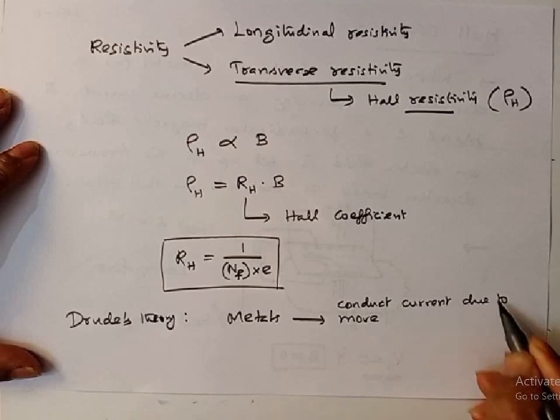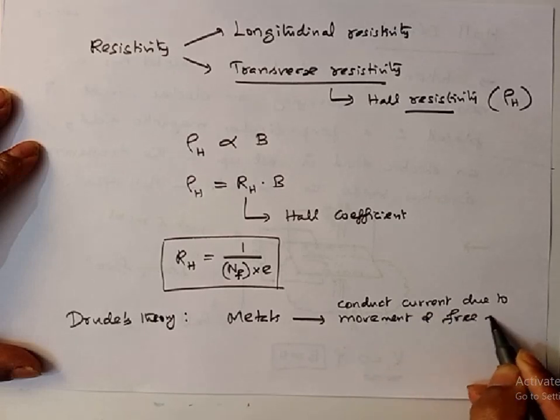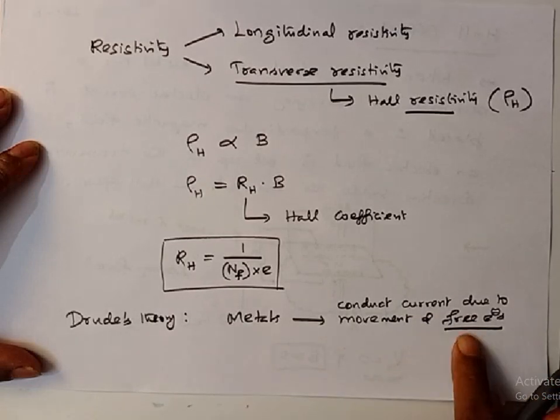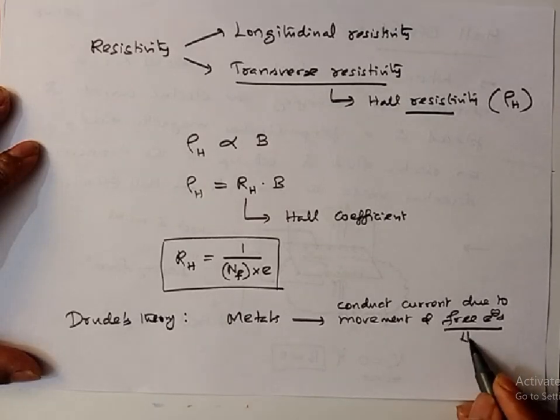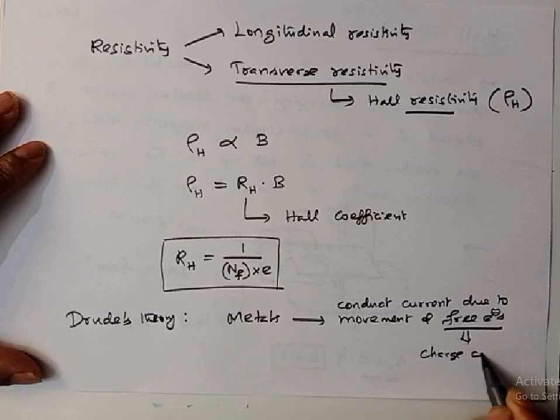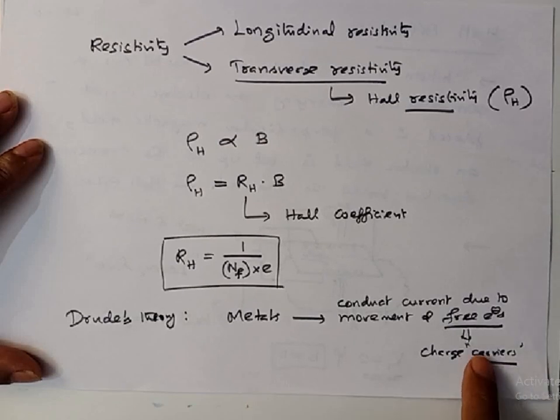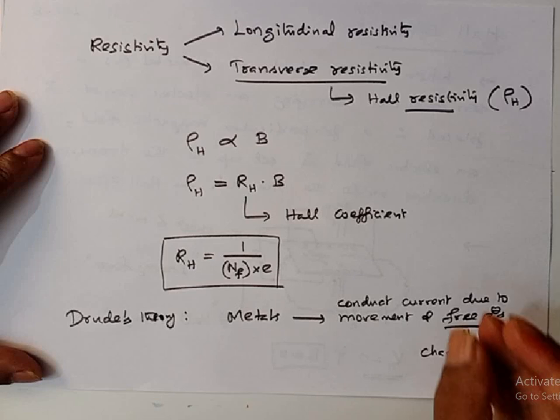So these free electrons are called charge carriers, or we can say they are the current carriers. Now listen, since these carriers are free electrons, they carry negative charge.